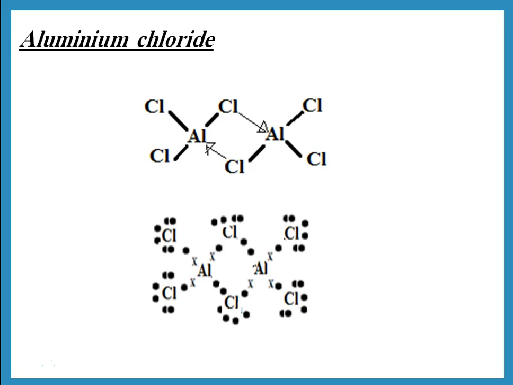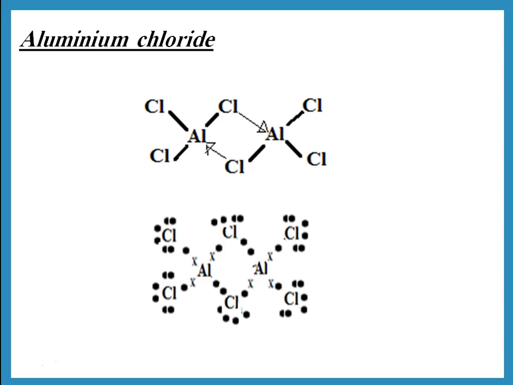Another example of coordinate bonds or dative bonds is aluminium chloride. Aluminium chloride originally is an exception. It was supposed to be ionic, but actually it is covalent, in which the aluminium makes 3 bonds with the chlorine. But not only that, it also dimerizes. Dimerizes means each 2 of them join together.